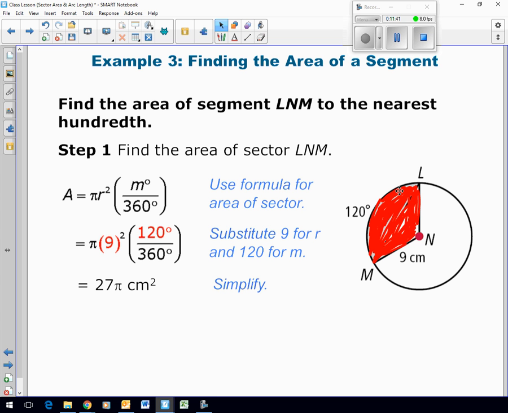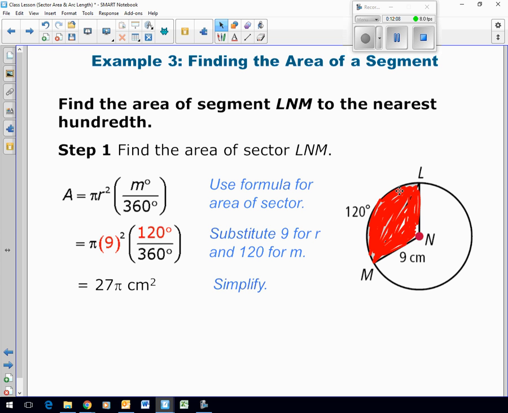How do you find the area of a sector? Help them out.